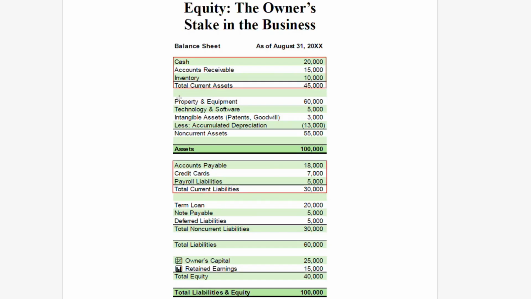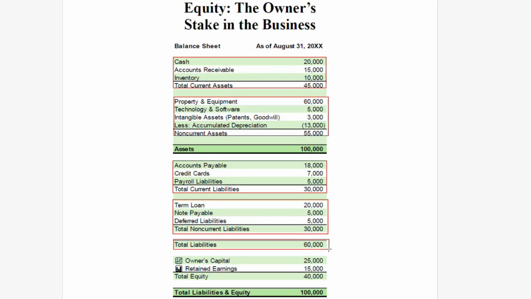We've gone through non-current assets and non-current liabilities. And, well, obviously we've gone over total liabilities as well. And finally, we've gone over equity.